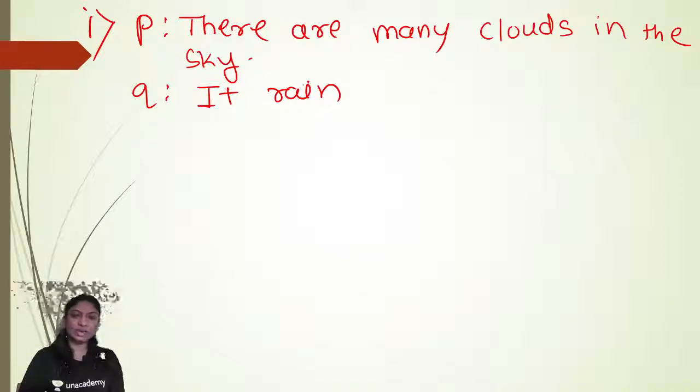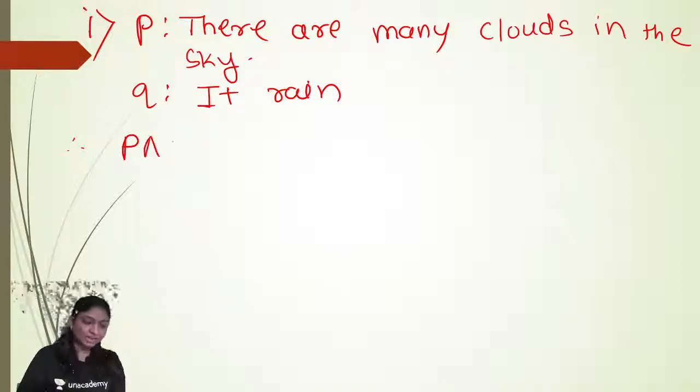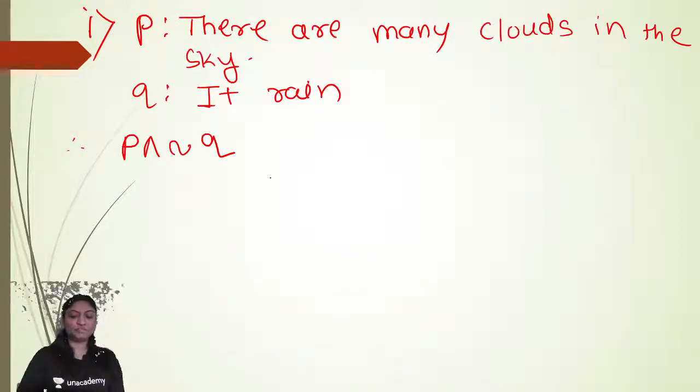Q is the statement: it rained. So we can write the statement, there are many clouds in the sky, but it did not rain, in propositional form: P and negation of Q. This is your propositional form of the given statement, right? P and negation of Q is the propositional statement for the given statement that there are many clouds in the sky, but it did not rain.